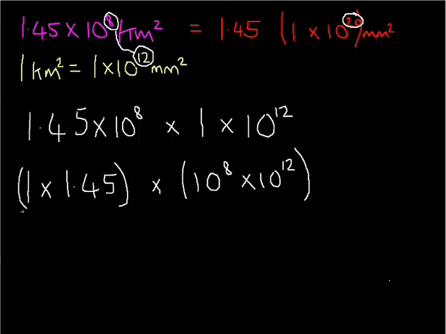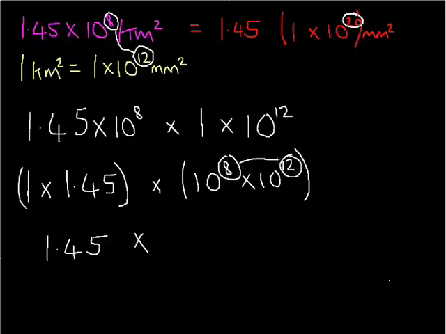So what does it give us? Well, we got 1.45 times 1, that's obviously 1.45. So 1.45 times, we've got here 10 to the 8 and we've got 10 to the 12. When you times powers together, you just add the power here and the power here together.